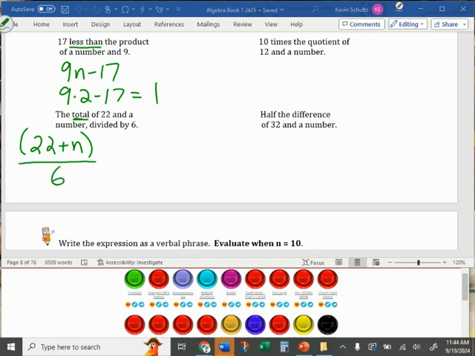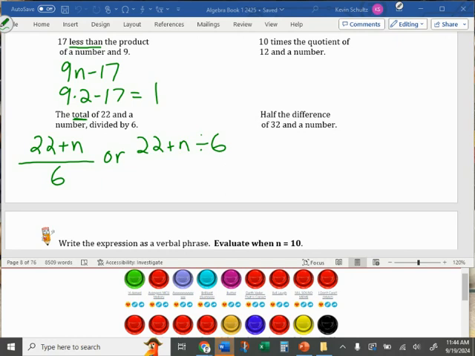No. If we write it vertically, like this is here, it's understood that we have to do the numerator and the denominator first. Okay? We do not need parentheses if we write it vertically. If we write it horizontally, so it's 22 plus n divided by 6, here we do need the parentheses.